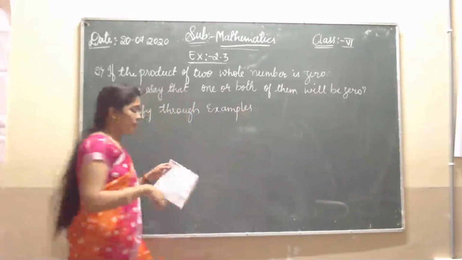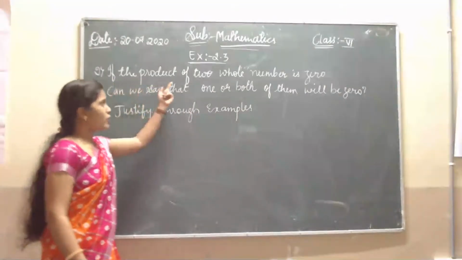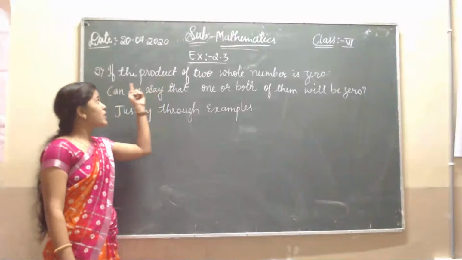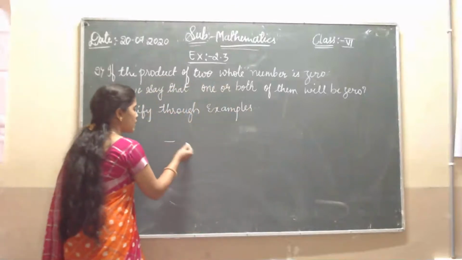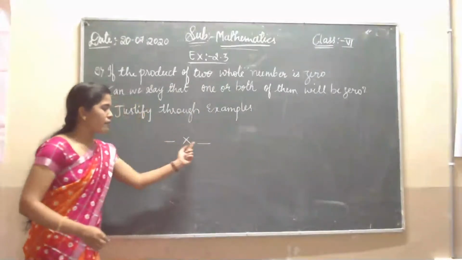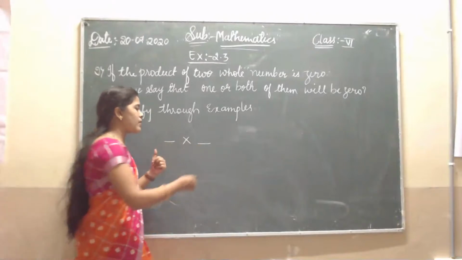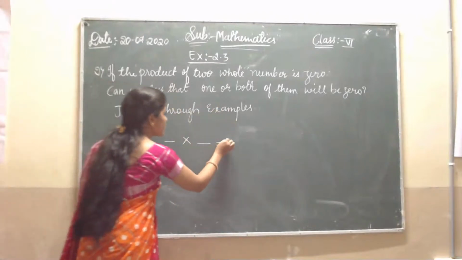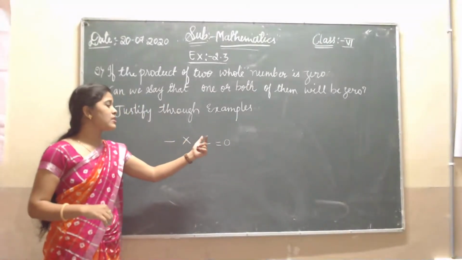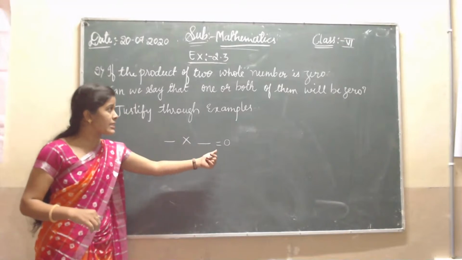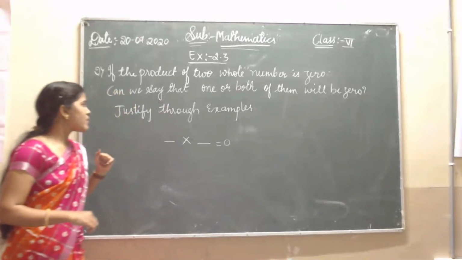Example. See here what they said. If the product of two whole numbers is 0, product means multiplication. If the product of two numbers, whatever they may be, is 0, can we say that one or both of them will be 0?